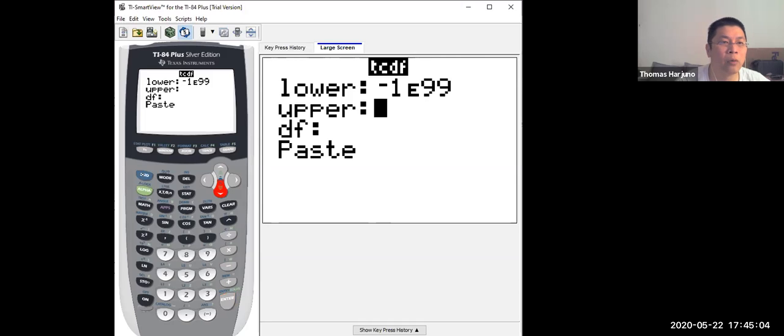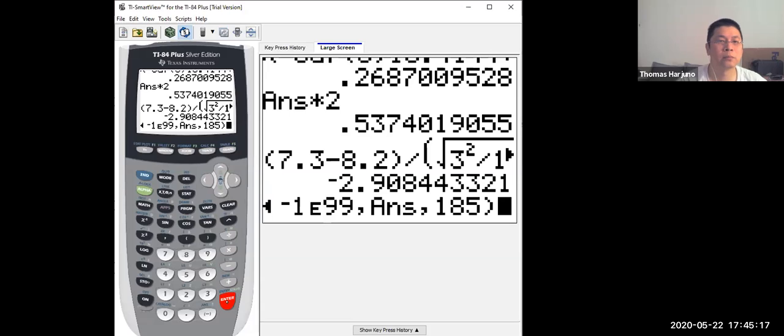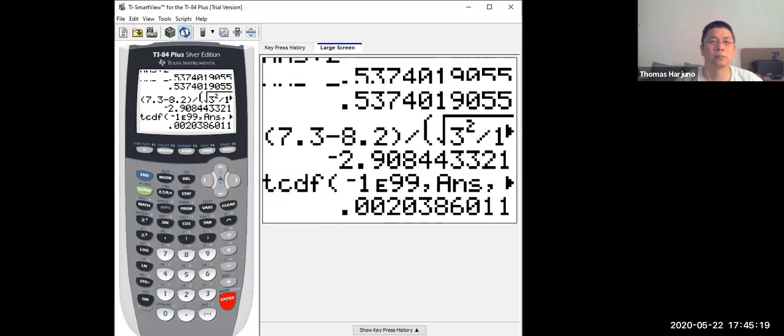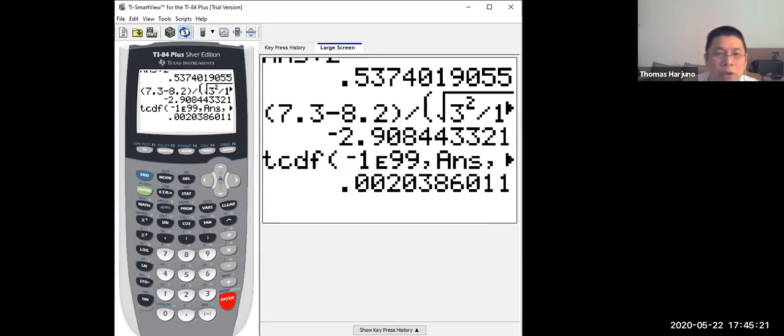The upper, I will just use the answer. And then degree of freedom, 185. 0.00204.